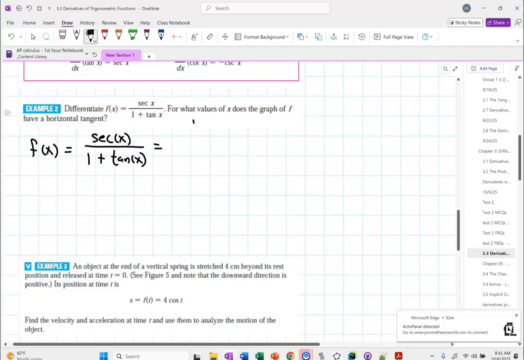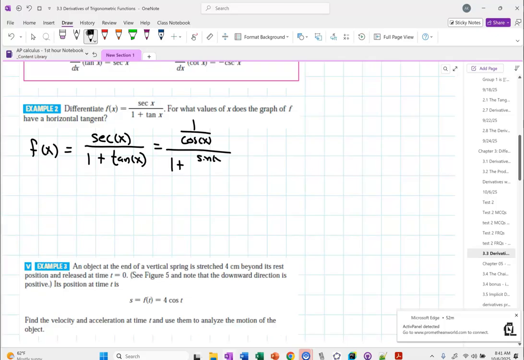So I'm going to look at this and go, okay, secant, that's 1 over cosine. Tangent, that's sine over cosine. What do you notice about both of the small fractions? The denominator is cosine, right? So what I'm going to do is multiply the top and bottom of this fraction by cosine x over 1.